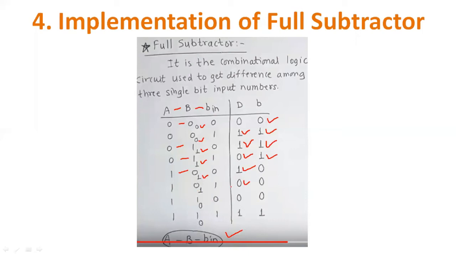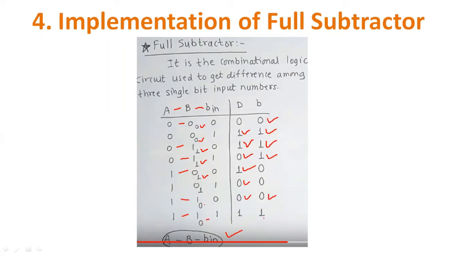Then 1 minus 1, difference is 0, result is positive, borrow is not generated. 0 minus 0, difference is 0. Then 1 minus 1, difference is 0, again result is positive.